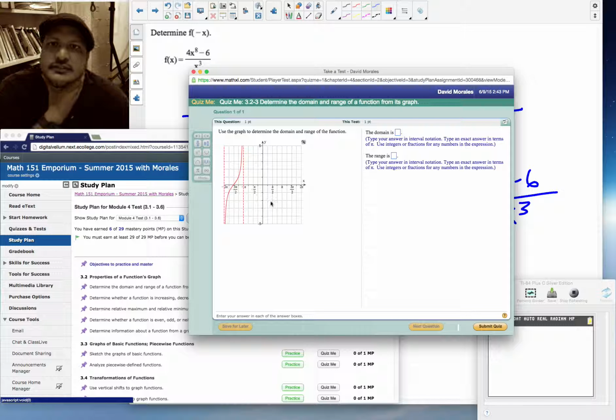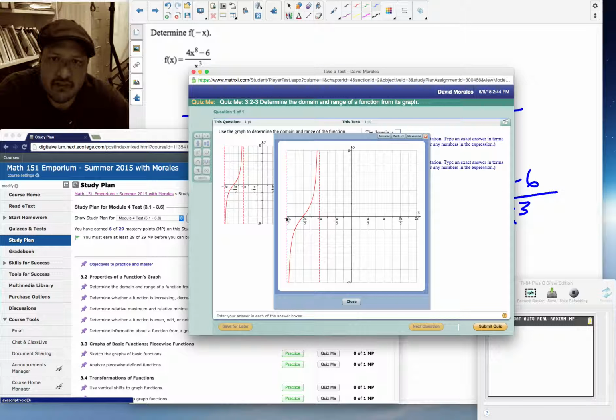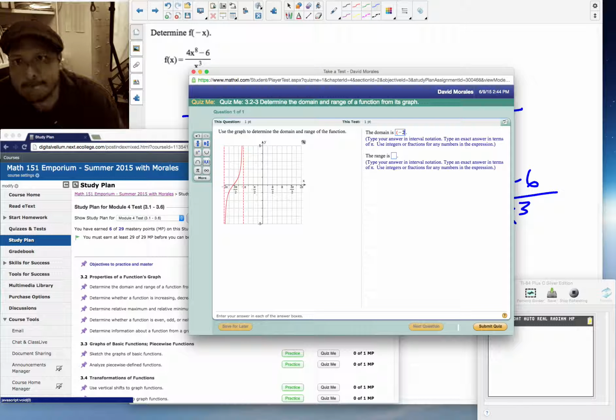Use a graph to determine the domain and the range of this function. So we can see here that at negative 2 pi it's asymptotic right here, and it's asymptotic at negative pi, and nowhere else is it defined. So the domain is going to be parentheses negative 2 pi to negative pi.